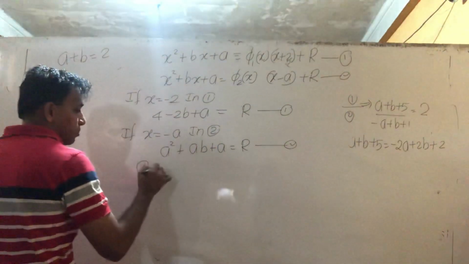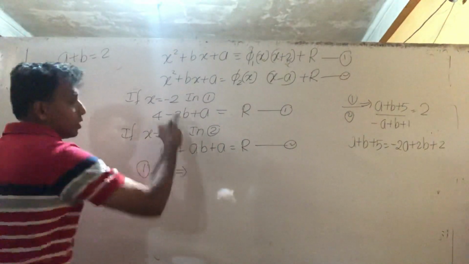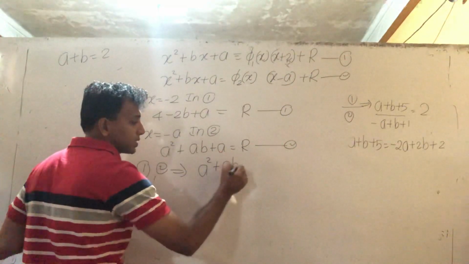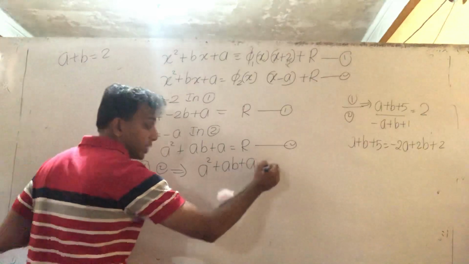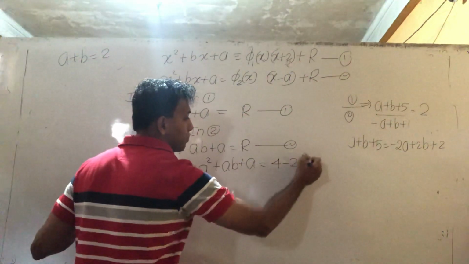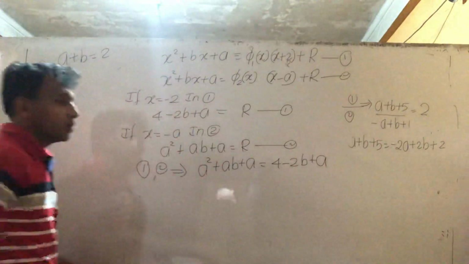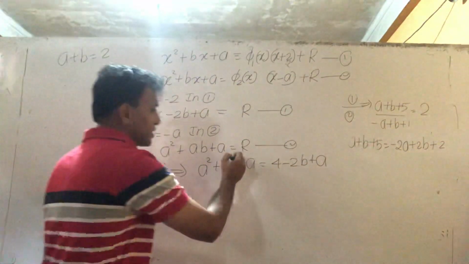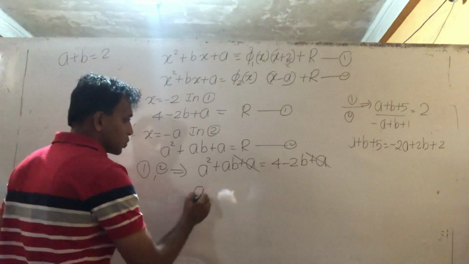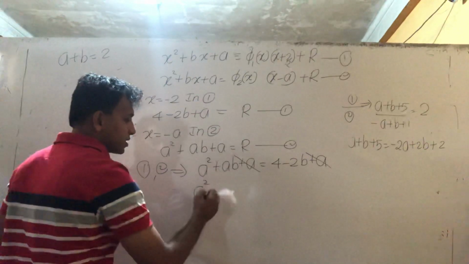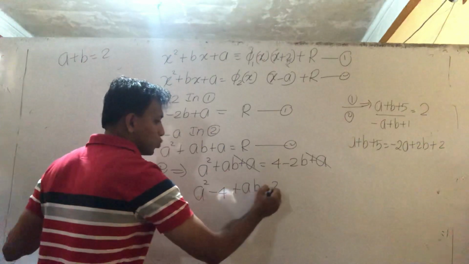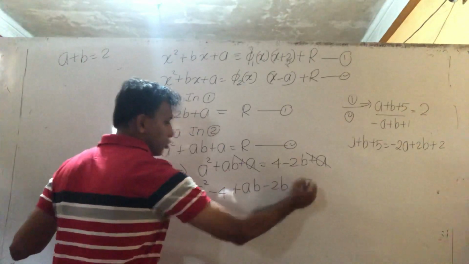So equation 1, 2 gives you a square plus ab plus a equal to this one, 4 minus 2b plus a. Now you can solve, see here plus a cancels. Okay, take everything this side, a square, take the 4 this side, minus 4 plus ab minus 2b, is it equal to 0?